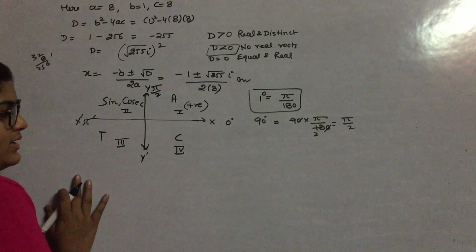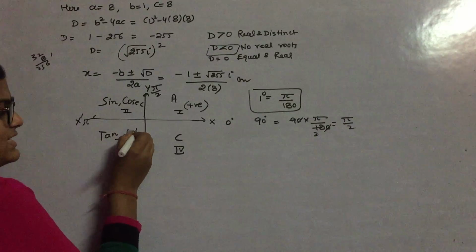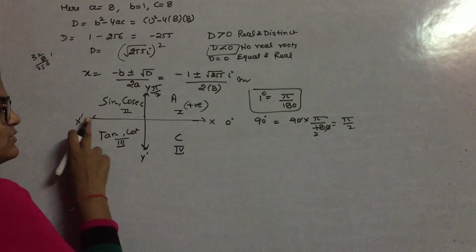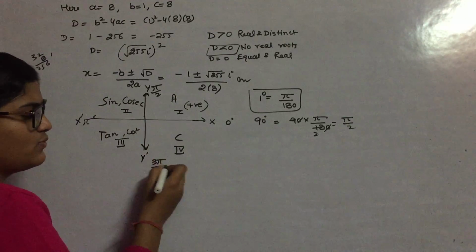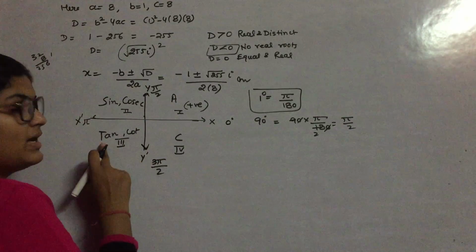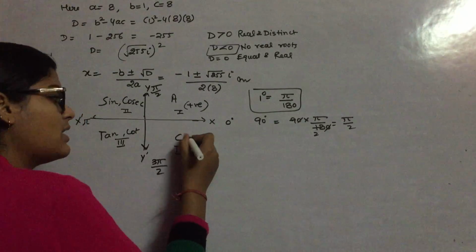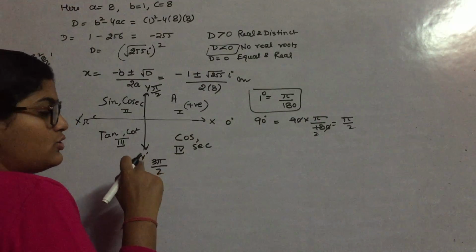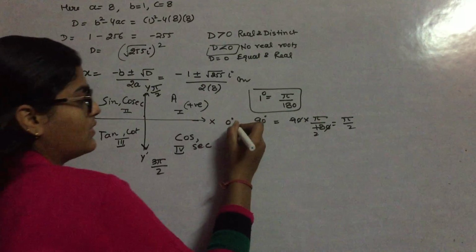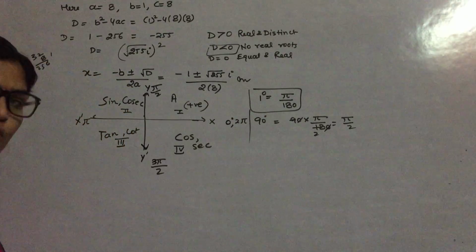Your third quadrant has tan and cot as positive, and it lies between 180 and 270, that means 3 pi by 2. In the fourth quadrant, cos and its reciprocal sec are positive, which lies from 270 to 360, that means 2 pi. Okay.